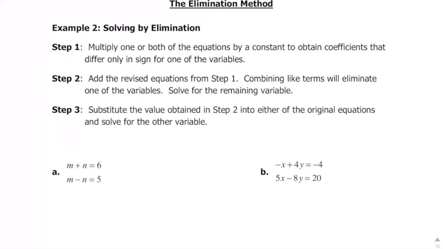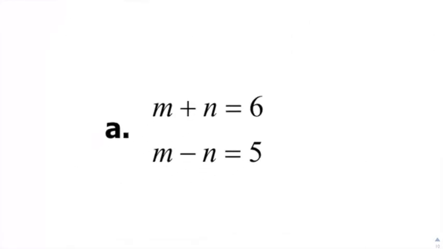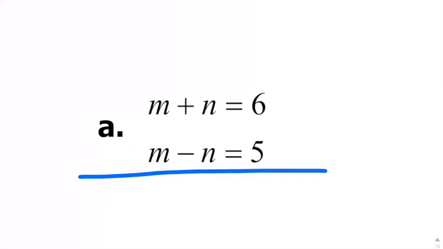So with elimination, the whole idea is you want to add your two equations up, and hopefully, if you add your two equations up, like all the m's, all the n's, all the stuff on the right-hand side, theoretically something could cancel out. Right? And then sometimes we might need to manipulate some of the equations to make it to where something does cancel out.